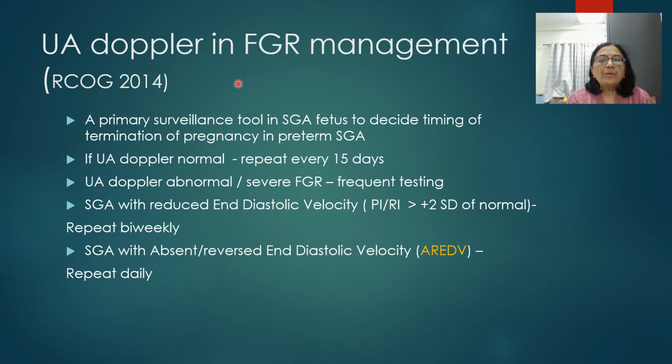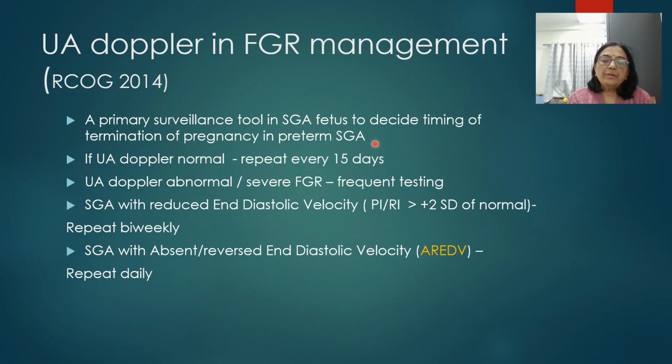Umbilical artery Doppler is the primary surveillance tool in small for gestational age fetuses. Mainly, it helps us to decide the timing of termination of pregnancy whenever there is a preterm small for gestational age pregnancy. Because here we know that if we terminate too early, there is a risk of perinatal mortality because of prematurity itself.